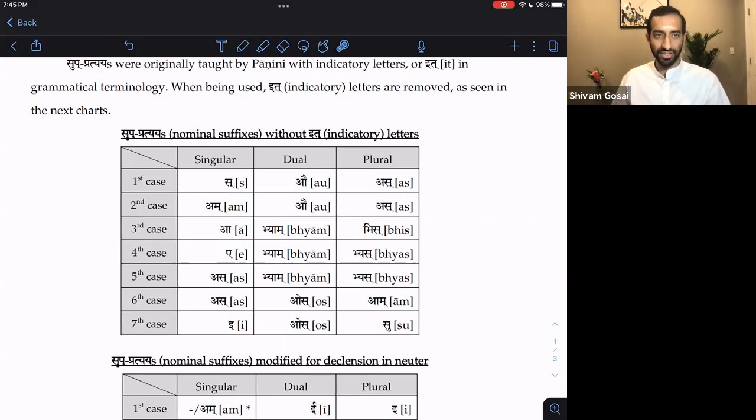This pada section, we call it, right? So, sadbhyam, sadbhihi. Then sate, takara, sadbhyam, sadbhyaha. Sataha.